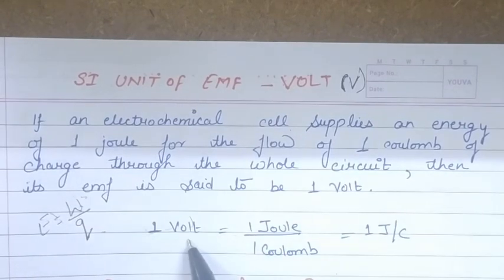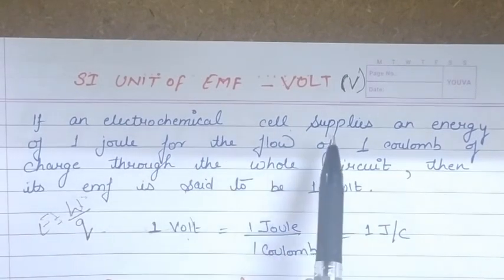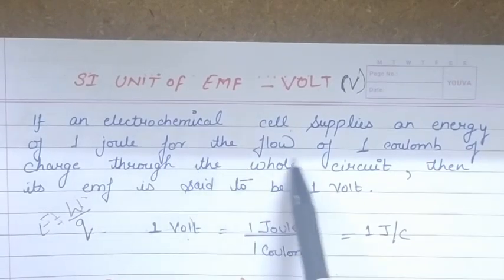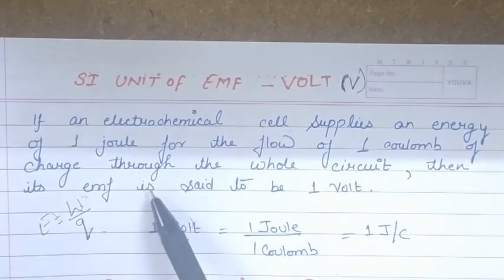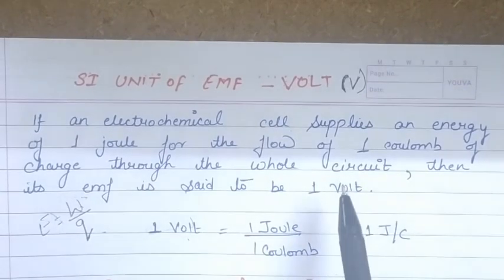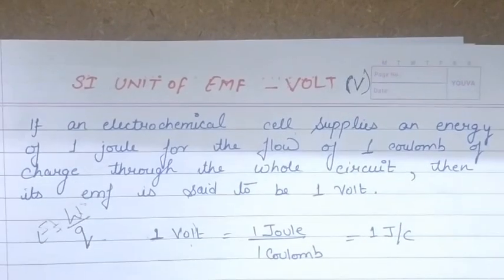So 1 volt is defined as if an electrochemical cell supplies an energy of 1 joule for the flow of 1 coulomb of charge through the whole circuit, then its EMF is said to be 1 volt. Okay, so 1 volt is equal to 1 joule per coulomb.